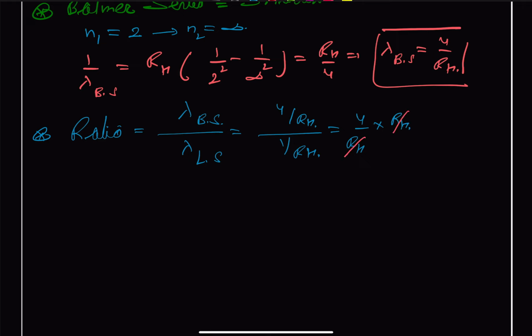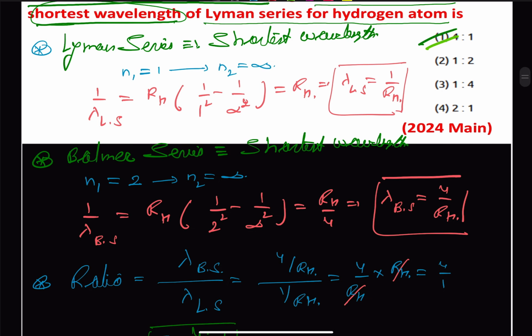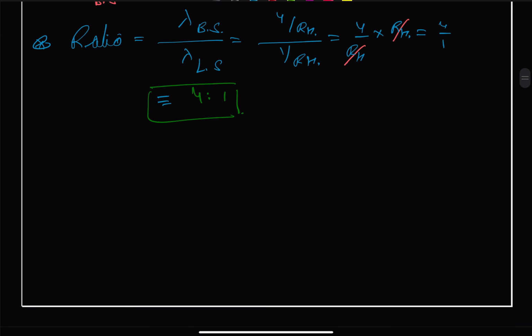RH and RH cancel out. So this comes as 4 upon 1, or we can say the ratio will be 4:1. So option 1 is correct. Next question.